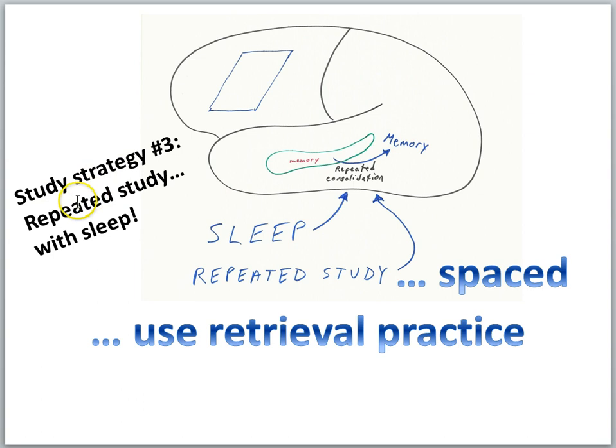And the repeated study approach, of course, will set up multiple rounds of memory consolidation. And every time we consolidate, we're going to strengthen the memory trace in the cortex. So we want to get our sleep, we want to use repeated study sessions spaced out in time, and we want to use retrieval practice as much as we can.